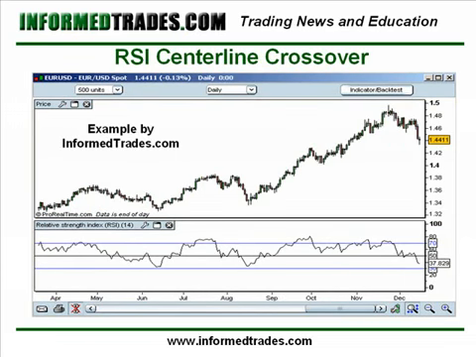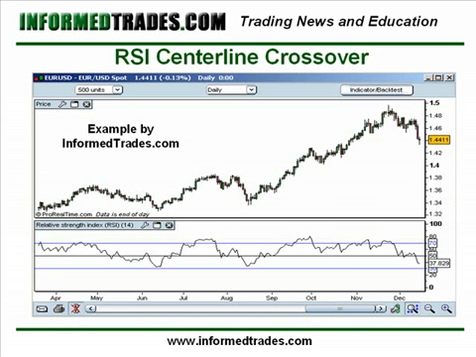Okay, the third way that traders use this in their trading is what's known as the centerline crossover, and this is a less reliable signal than the first two. So you're definitely going to want to use this one in conjunction with some of the other things that we've learned about, or some of the things that we're going to learn about in future lessons.